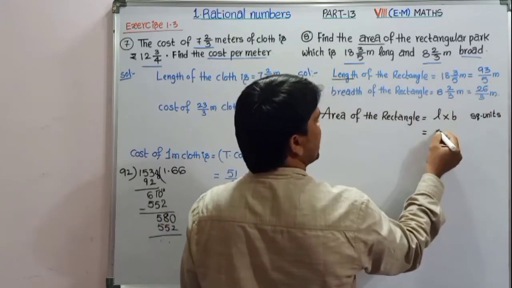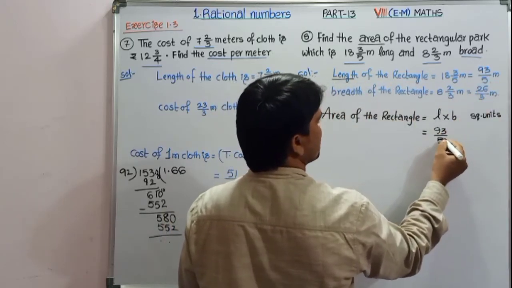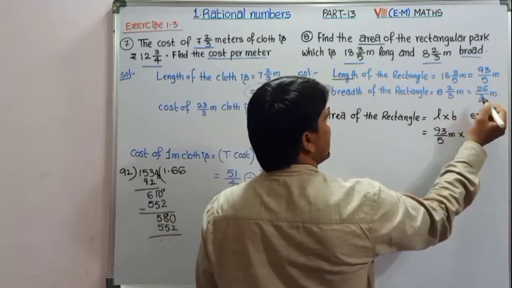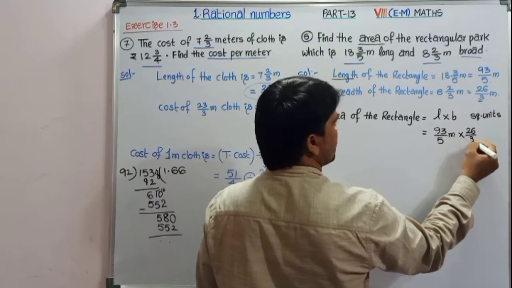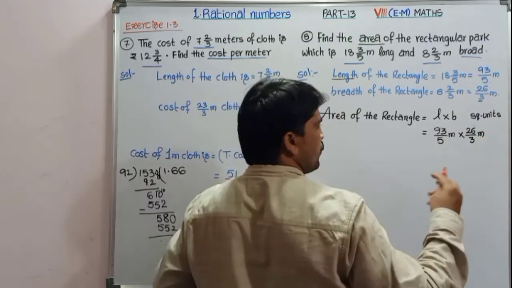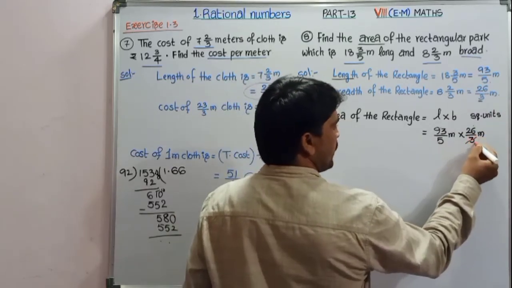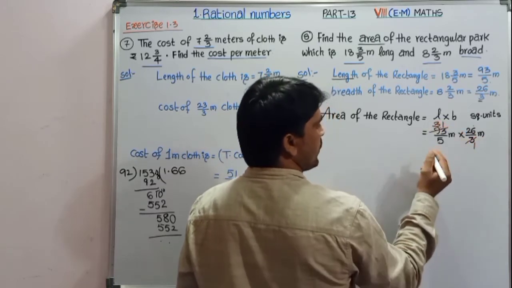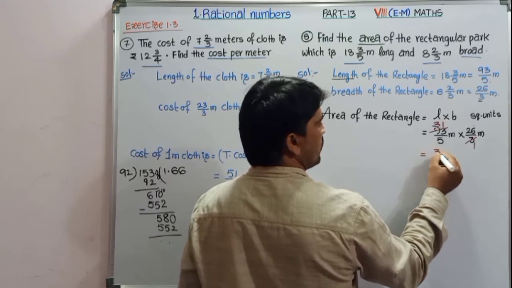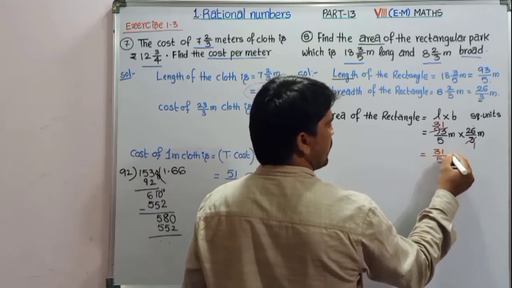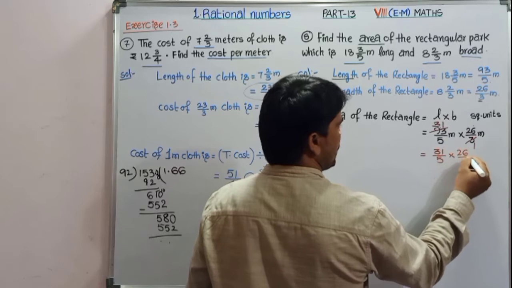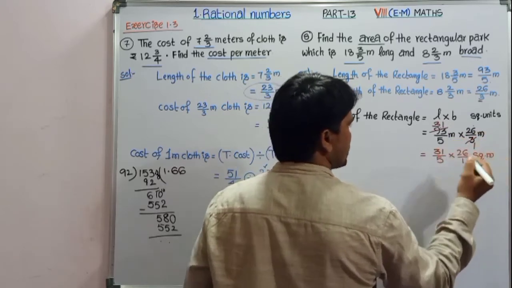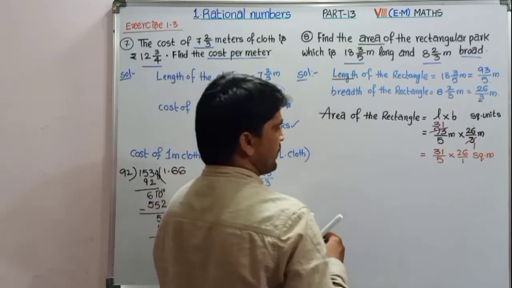Length is equal to 93 by 5 meters multiplied by the breadth of the rectangle, 26 by 3 meters. We can cancel with the 3 table. 3 ones are 3, 3 threes are 9, 3 ones are 3. What we have is 31 by 5 into 26 by 1. Meter into meter, square meters. Units are square meters.